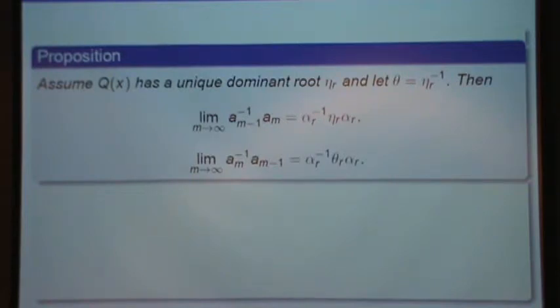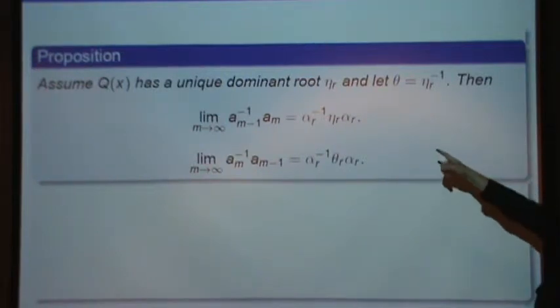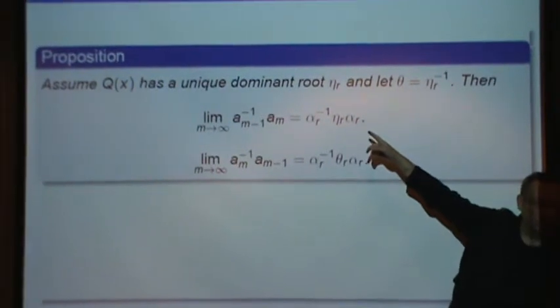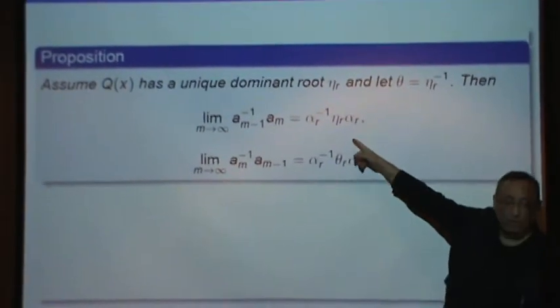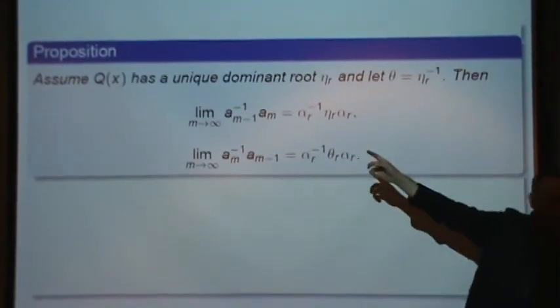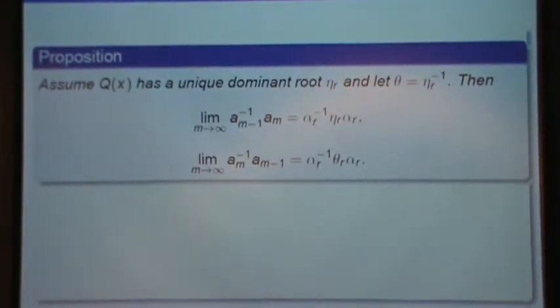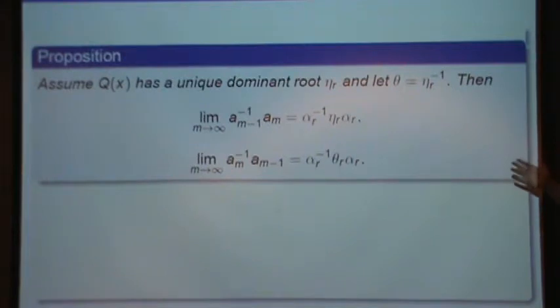And just as in the usual complex case, if you multiply this reciprocal, it converges not to the unique dominant root, but to a conjugate of that. Okay, so this is not bad, because this is a Bernoulli extension, sort of Bernoulli method over the quaternions.